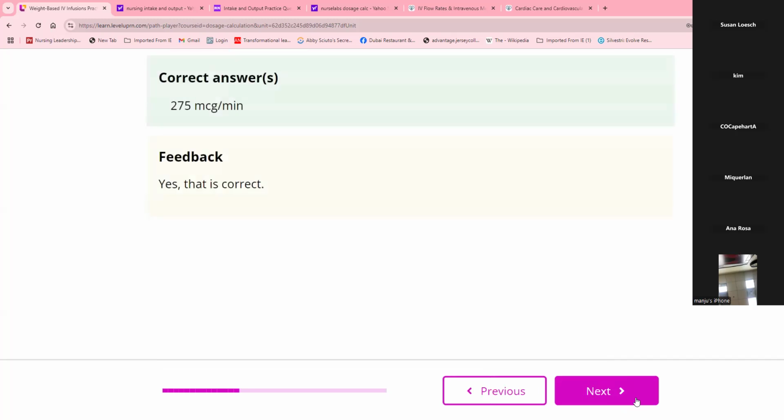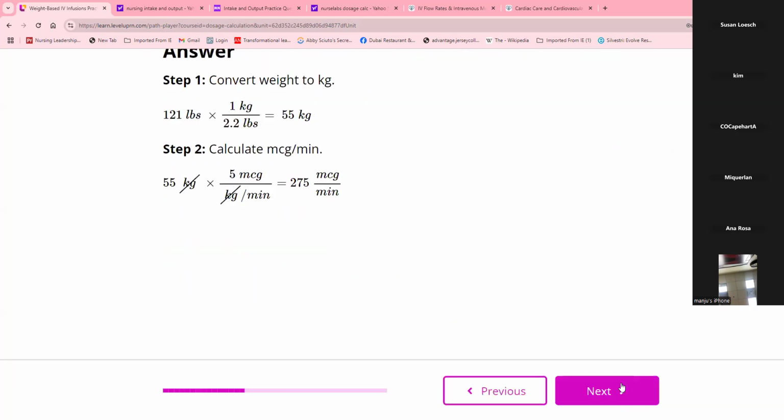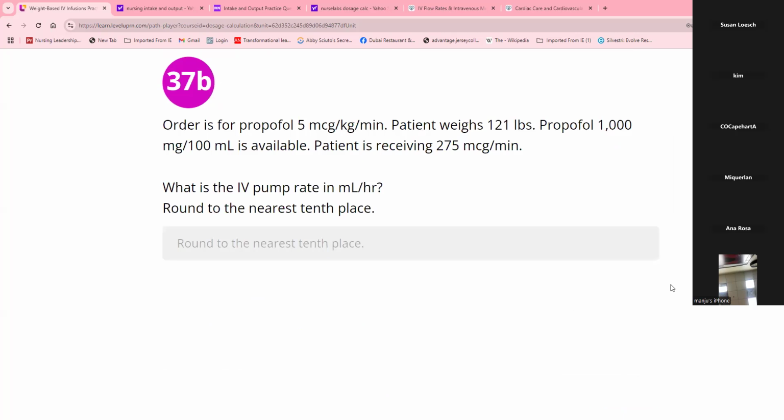Okay, now we're going to go to the next one. And now you're going to calculate what? The mL per hour. Okay, so now you'll carry out the rest of those steps. Yeah, so 275. Just do it in your head, please, or on your paper so that you don't mess anybody else up that's doing the math.